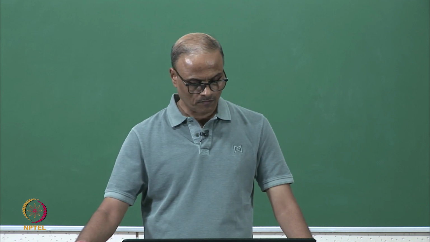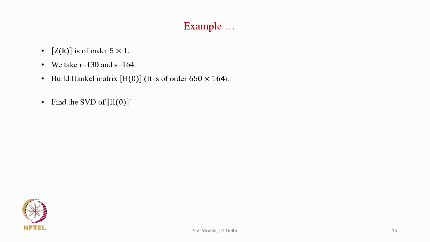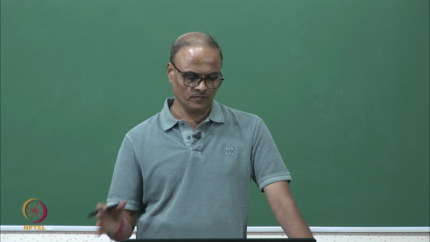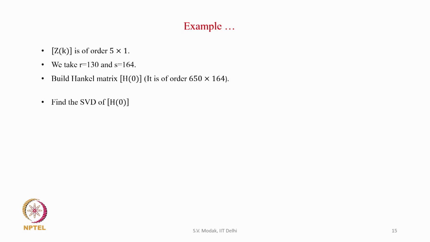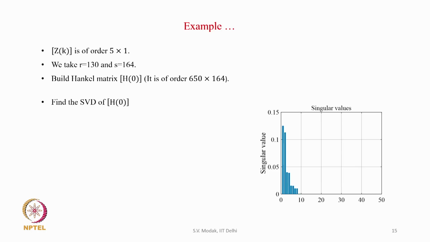Now we perform the singular value decomposition of this block Hankel matrix, and then we drop the zero and near zero singular values and truncate the singular value decomposition. This is the plot of the singular values of the Hankel matrix. On the y axis the magnitude of the singular value is shown, and we have shown the top 50 singular values.